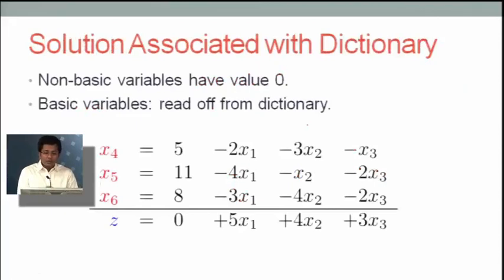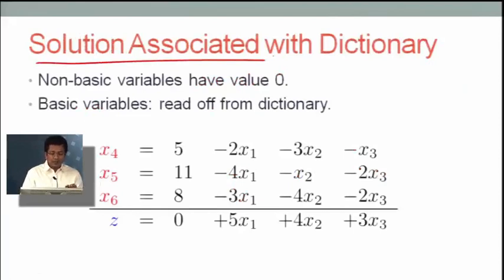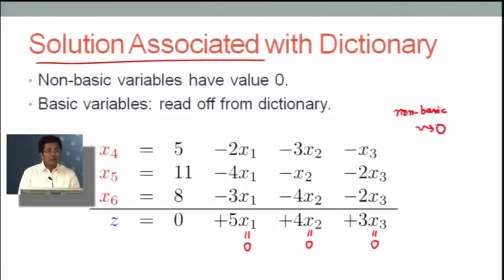Okay, so one more concept is that every dictionary has a solution associated with it. Okay, and the solution associated with this dictionary is x1 equals 0, x2 equals 0, x3 equals 0. So first of all, rule is every non-basic variable is automatically set to a 0. That's a rule. Okay, rule number 1.